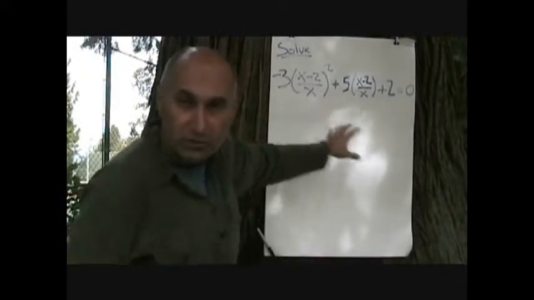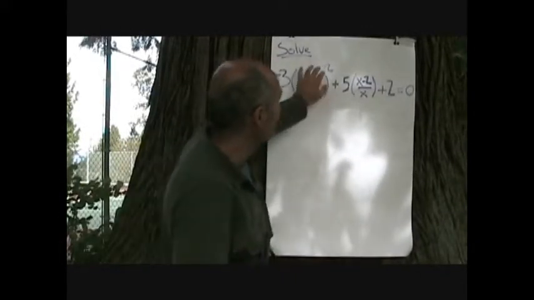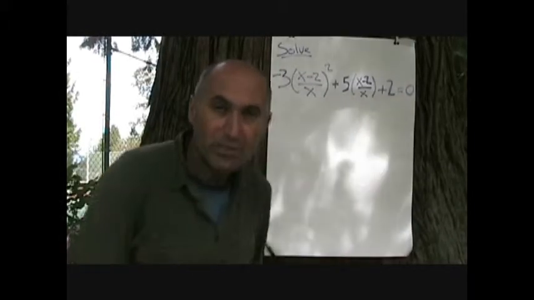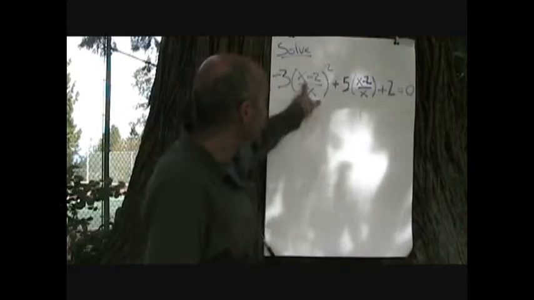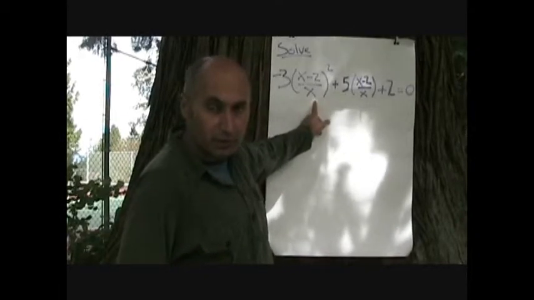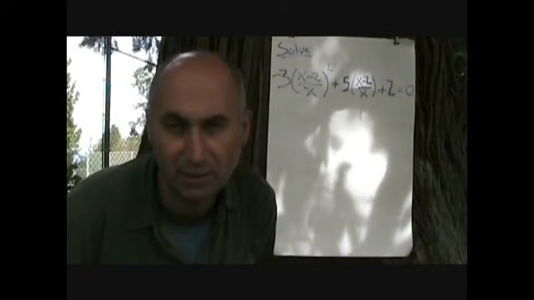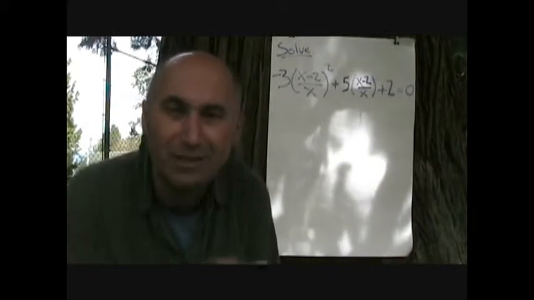You could use the quadratic formula to solve this, saying whatever the box is equals your quadratic formula. We're going to simplify it down a little bit because I don't want to constantly write down x minus 2 over x. That's one of the reasons you use the let statement, to make life easier for yourself.